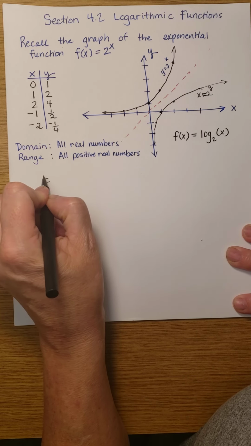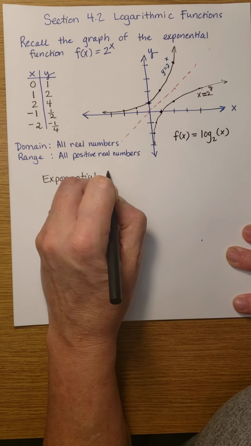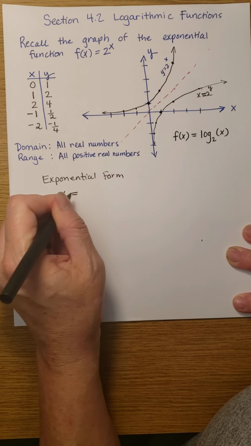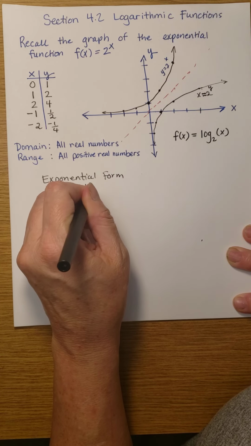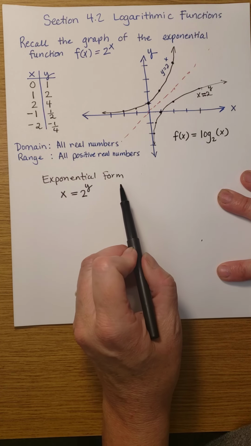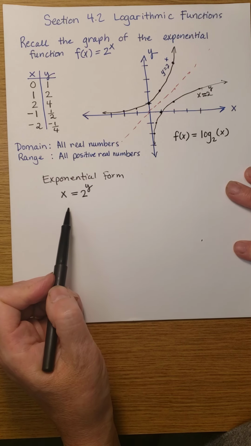And in exponential form, the equation is x equals 2 to the y. It's not an exponential function, it's a logarithmic function, but this is the way we describe it.